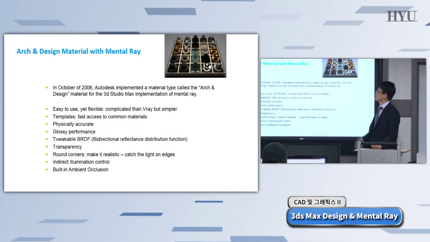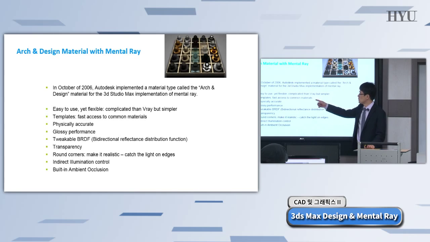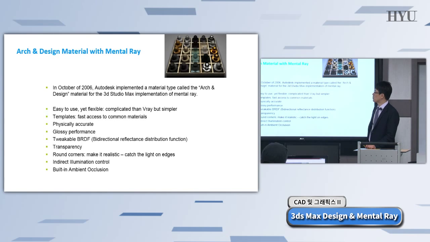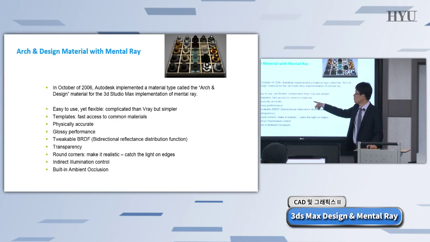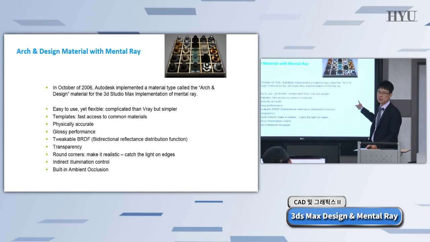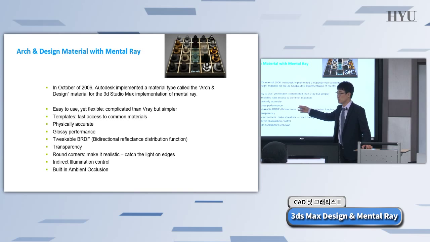So in 2006, Autodesk implemented this type of material, Arch and Design, and it's embedded in 3D Max. It's really easy to use, but flexible, okay? And it provides lots of templates. So you can simply navigate the material editor, material browser, and simply load that material into your workplace. And it is physically accurate, okay?